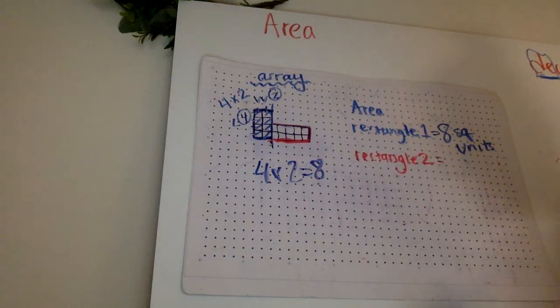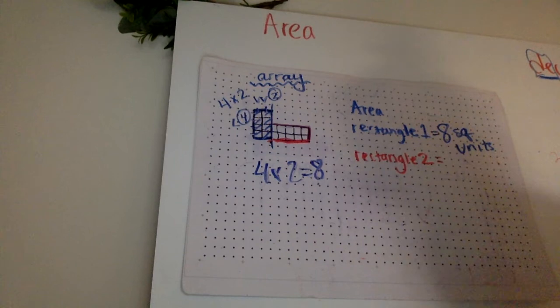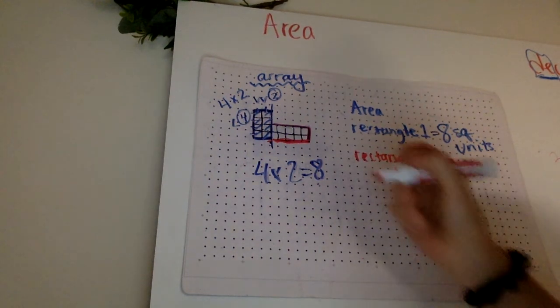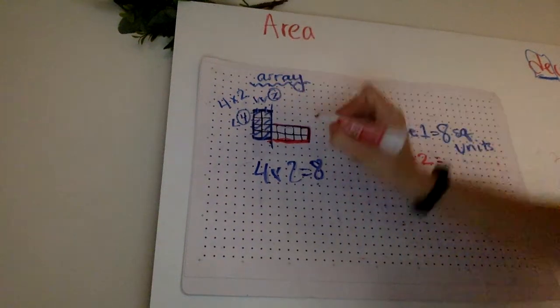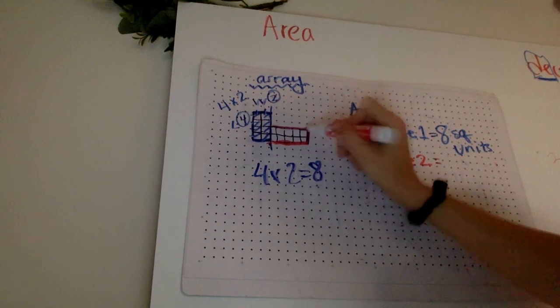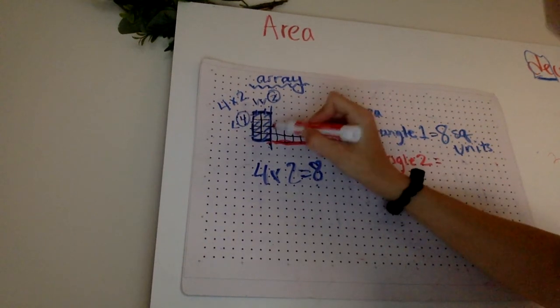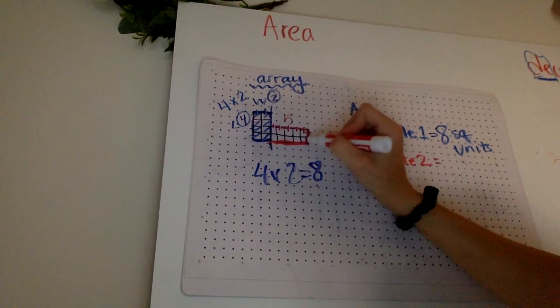Wonderful. Now, let's see if you can think about how I would solve for the area of the red rectangle. Red rectangle. Say that fast 5 times. I'm getting dizzy. All right, let's see what we have going on this side. And then we'll count this side. 1, 2, 3, 4, 5. 1, 2.